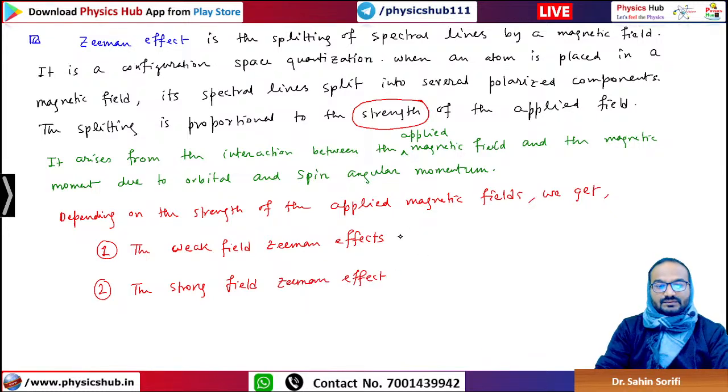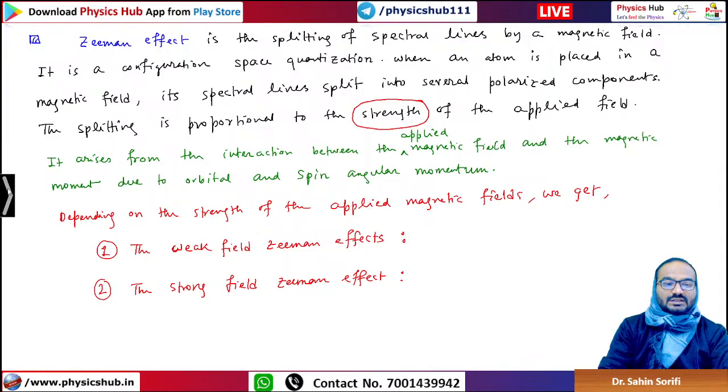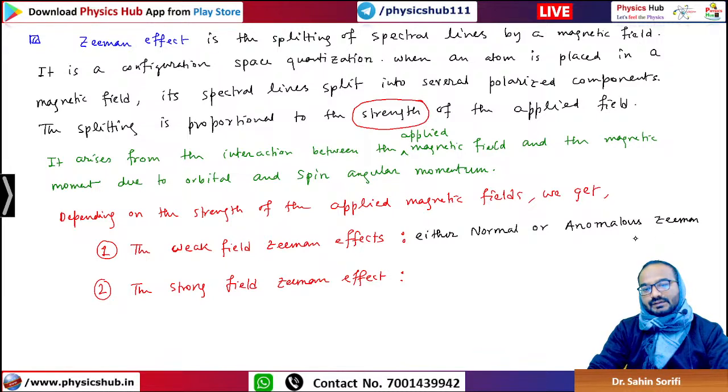The weak field Zeeman effect may be either normal or anomalous Zeeman effect.